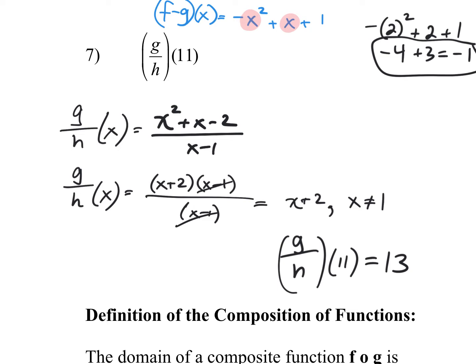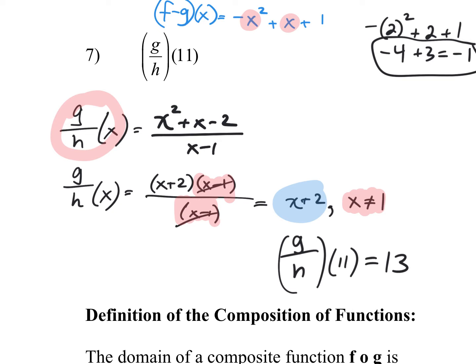So what I did is I tried to identify g over h of x. And what I found is I was able to simplify that. I was able to factor my numerator and cancel one of our binomials. I need to account for that, right? When I simplify, I know x can't equal 1. It would cause some domain issues. But evaluating x plus 2 when x is 11 becomes much, much easier.